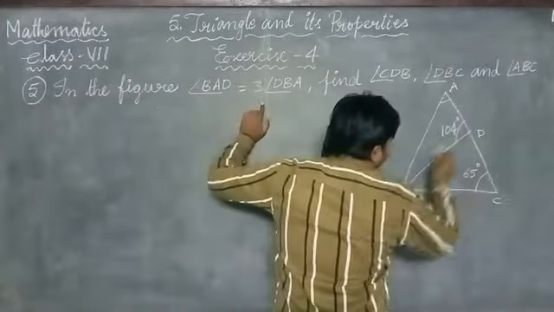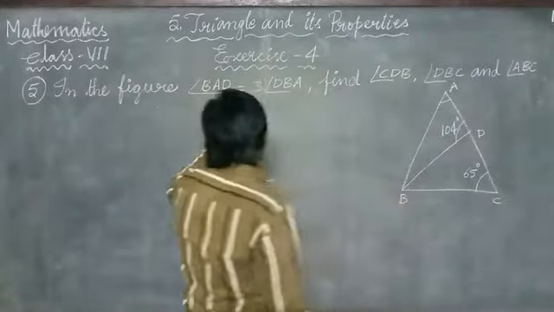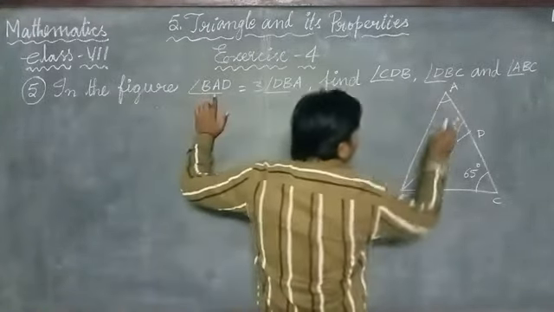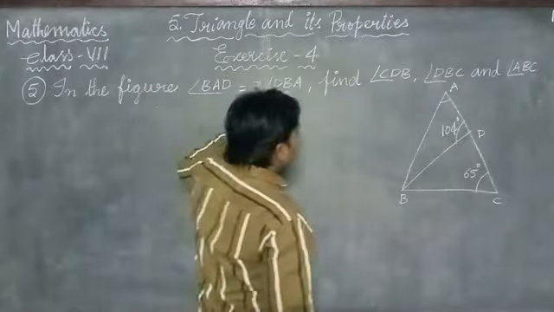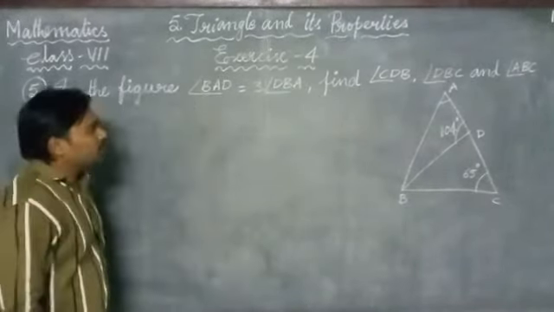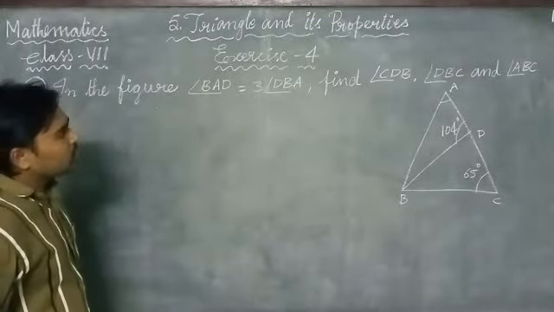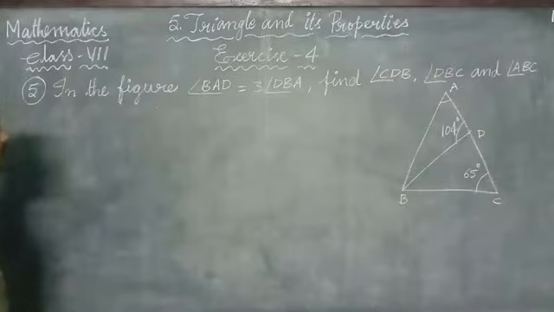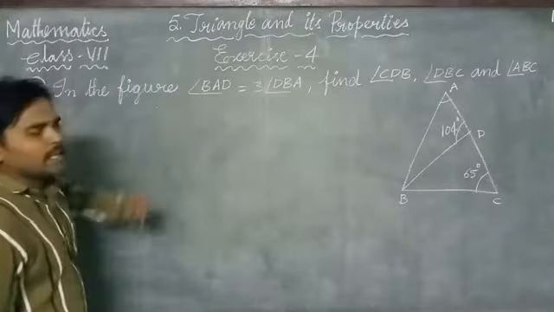We have to find that the angle at A is 3 times the angle at B, and find the angle at B and angle at A.